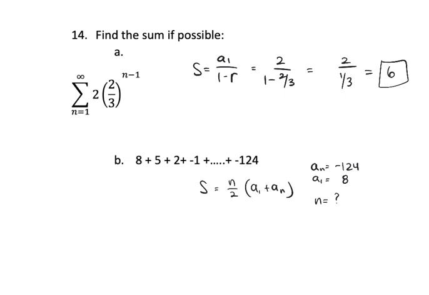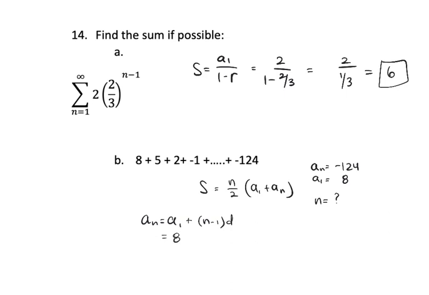So what we need to do is come up with the nth term. If you look on your formula sheet, the very first one is the nth term of an arithmetic sequence.